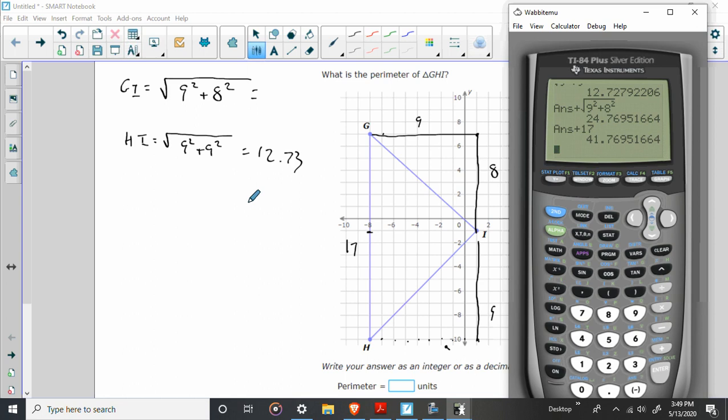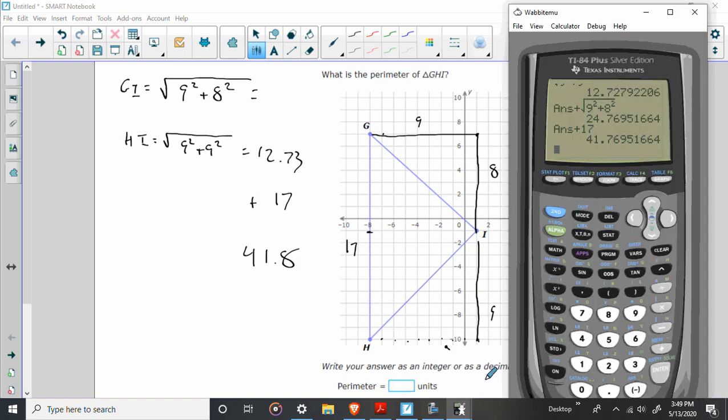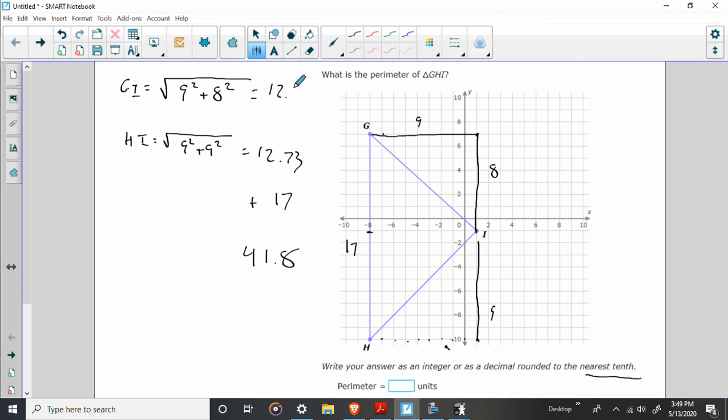Again, if you wanted to do it as 3 separate steps, that's totally fine too. You can say the square root of 9 squared plus 8 squared. You can get that number and say it's 12.04. Okay, and then you could just add these 3 things together and you'll get 41.8 units.